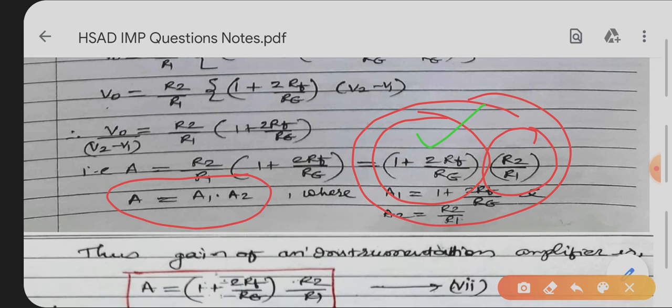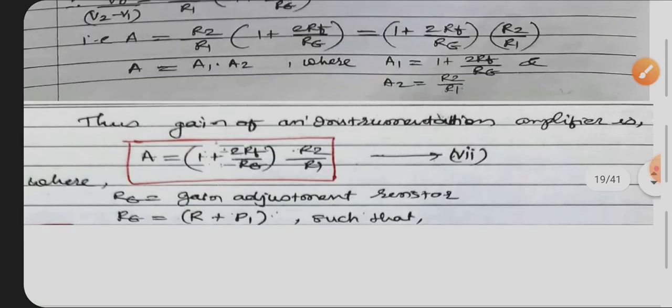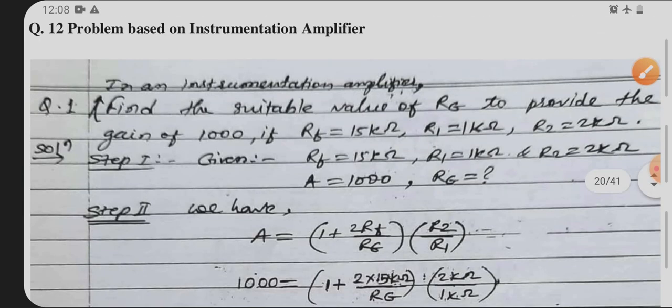And A2 is nothing but the gain of differential amplifier, that is R2 by R1. So A1 is the gain of first stage, A2 is the gain of second stage, and finally you will get the equation: gain of instrumentation amplifier is equal to 1 plus 2 Rf by Rg into R2 by R1, where Rg is the gain adjustment resistor, which is equal to R plus P1. Okay, so this is what about instrumentation amplifier.